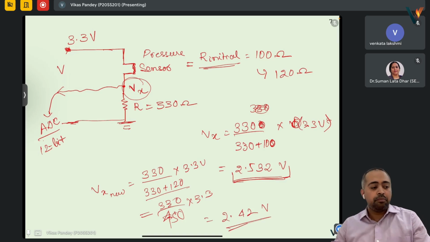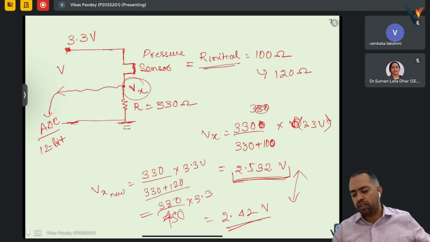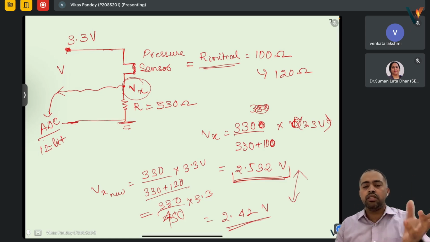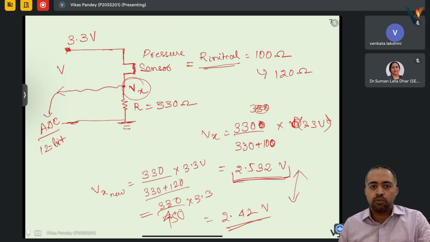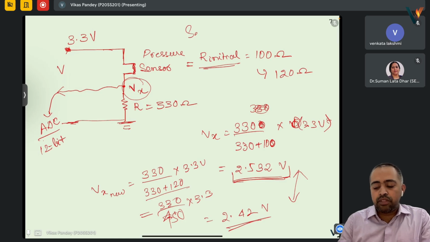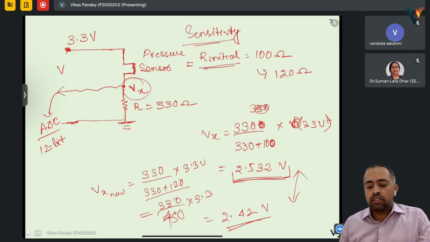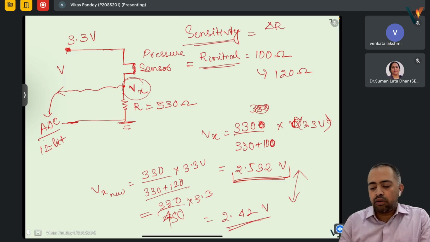Now, based on this change, the change is calculated from the sensor's point of view. We represent the change in terms of sensitivity, and when we are specifically talking about change in resistance, we say delta R upon R initial multiplied by 100%.